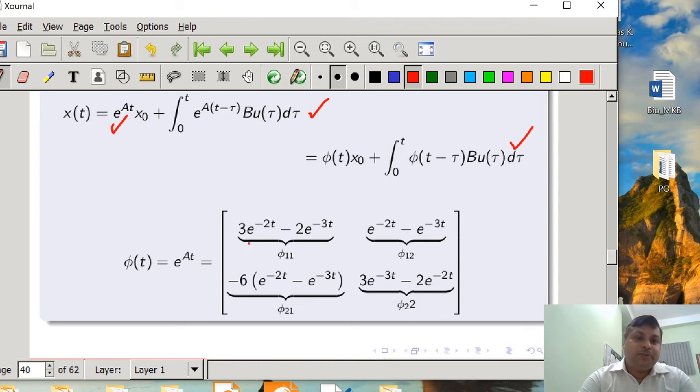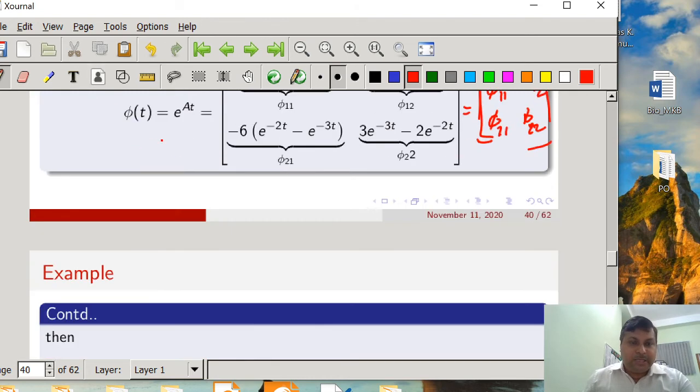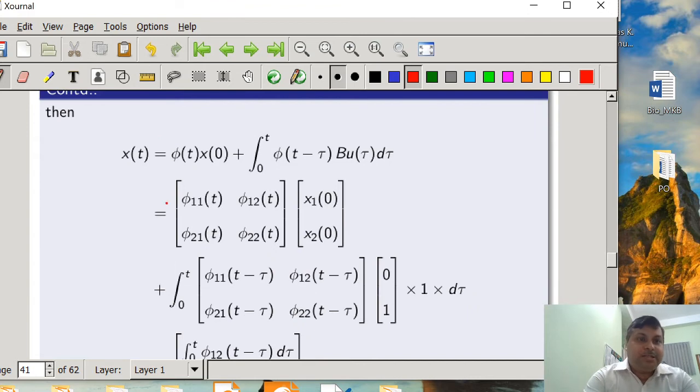So this is e to the power At, and I am calling this term phi. Basically this is a matrix having 4 terms, that is phi 1 1, phi 1 2, phi 2 1, and phi 2 2. Now we will substitute this in the equation. So x(t) equals e to the power At into x(0) plus the integral of phi of t minus tau.